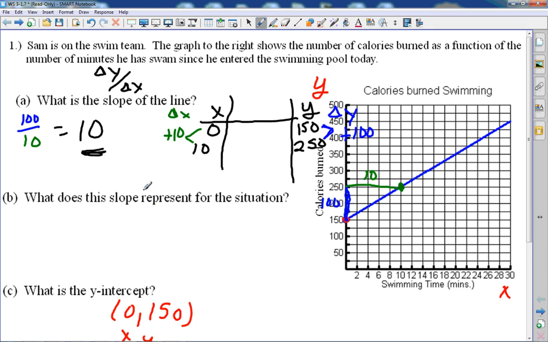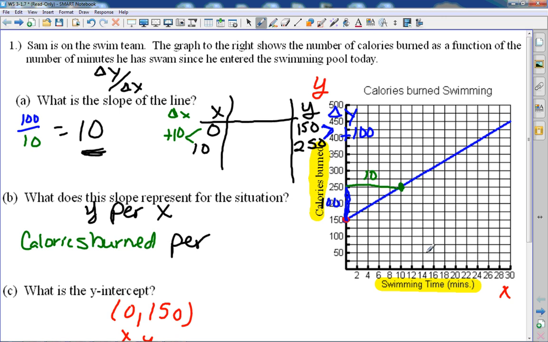We're going to start off with the idea of y per x. Okay, so let's look over here. Let me find my highlighter. I've got calories burned, and I've got swimming time in minutes. So y is calories burned, so I'm going to write calories burned per.